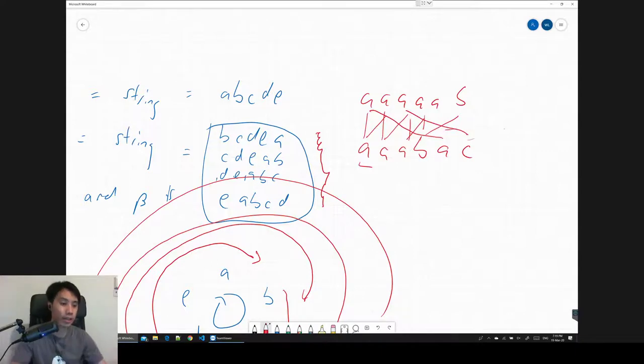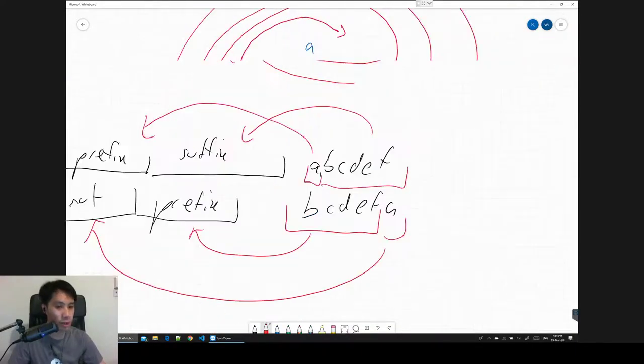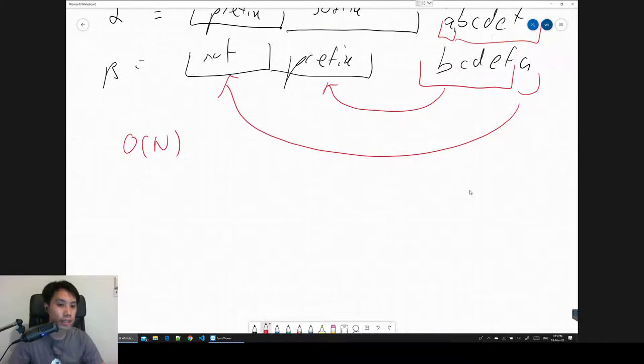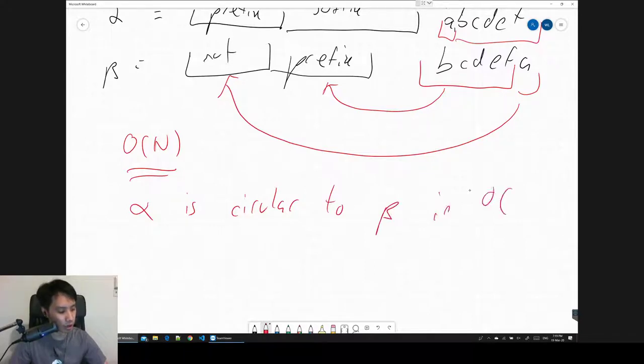You're going to try a lot of comparisons, which gives O(n) squared. So what your question wants is: are you able to see if a string alpha is circular to beta in O(n)? And how would you implement it?